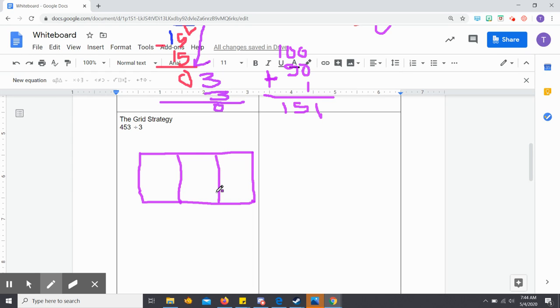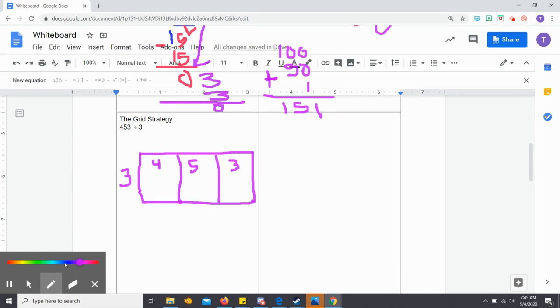But I am not going to write my whole thing that I'm dividing on this side. I'm going to write my hundreds on this side. I'm going to write my tens on this one, and my ones on this one. I am still putting the thing I am dividing by outside the box. And my answers are still going to go along the top.